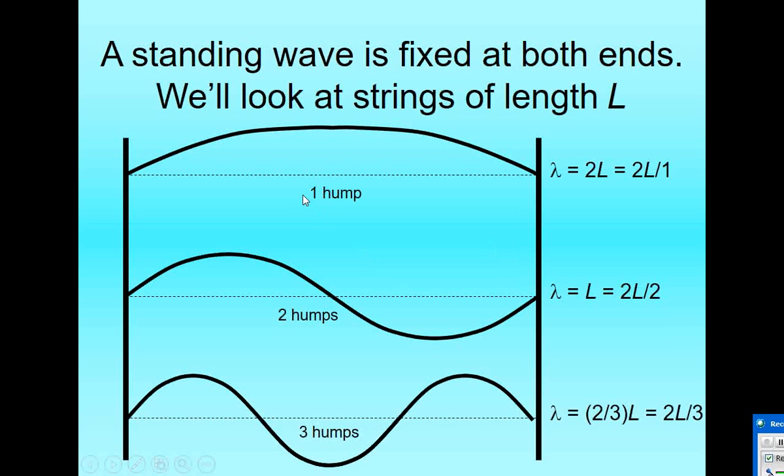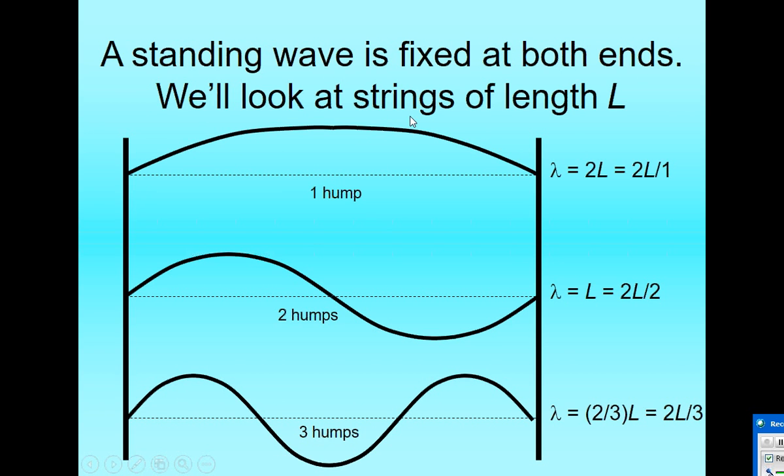Well, let's do a little bit of an analysis. We saw situations of a one-hump standing wave, a two-hump standing wave, and a three-hump standing wave. And if I have identical strings of identical length, then the length of the string is capital L. In the one-hump standing wave, we basically see half of a full wavelength.